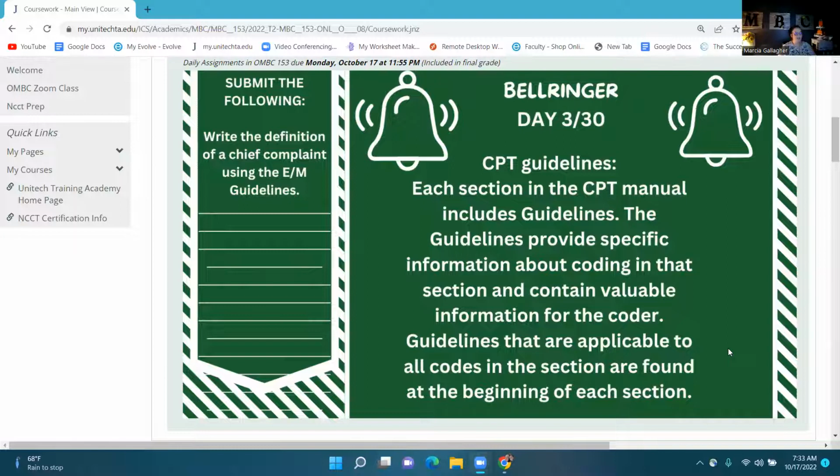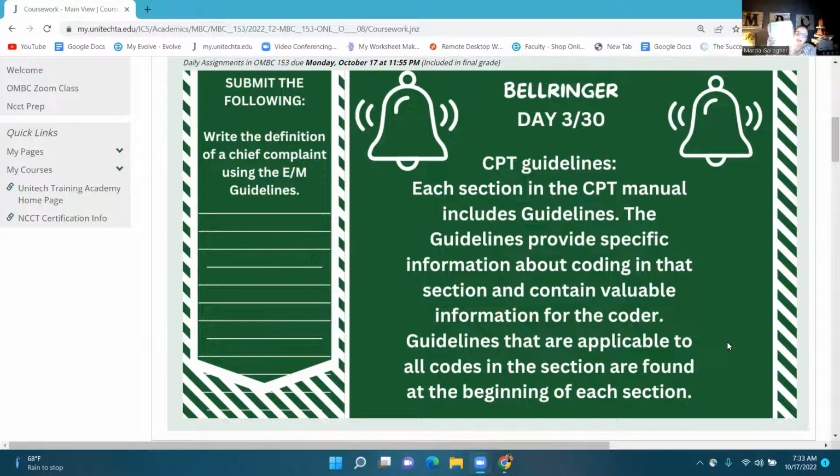So today we're going to be looking at CPT guidelines. Each section of the CPT manual includes guidelines. So I just want to talk a little bit about that. I'm going to hold up a section that has guidelines so you can see what we're talking about. It has like the greenish pages.